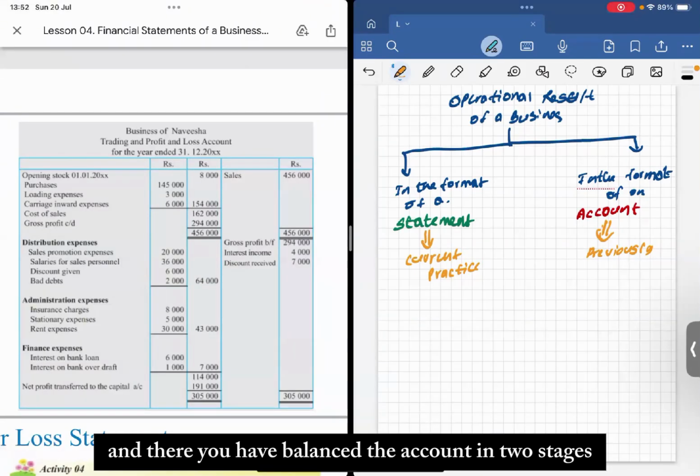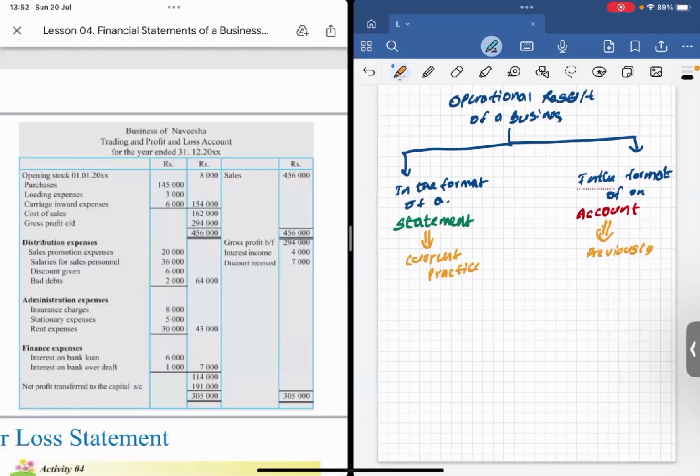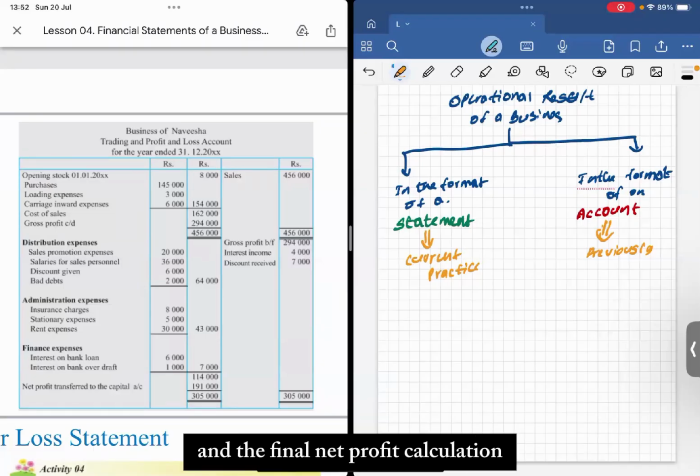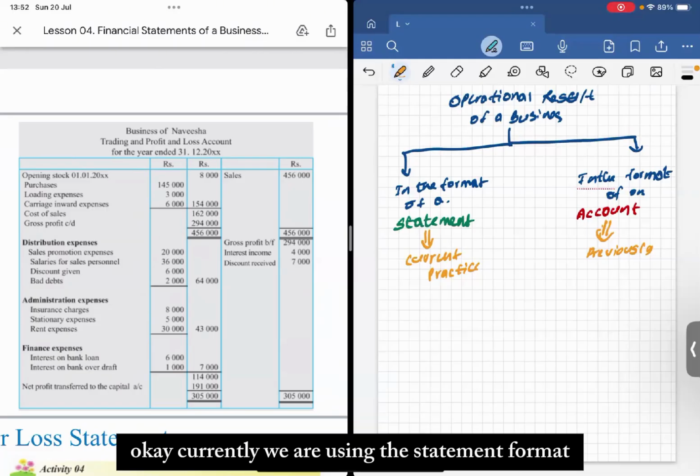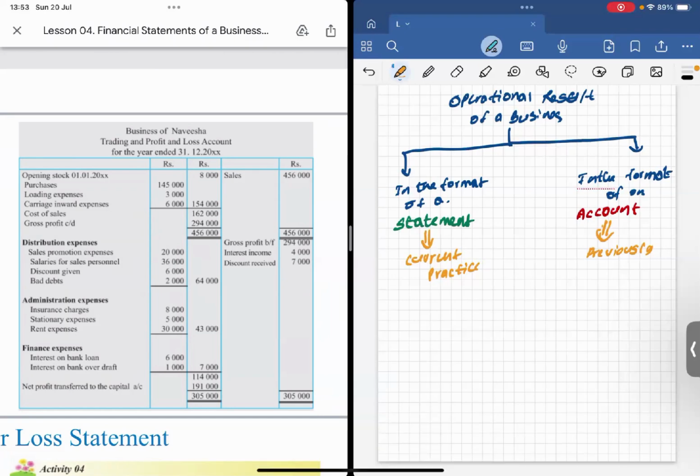There you have balanced the account in two stages: gross profit calculation and the final net profit calculation. But this is not being used currently. Currently we are using the statement format, but this is given for your extra reference.